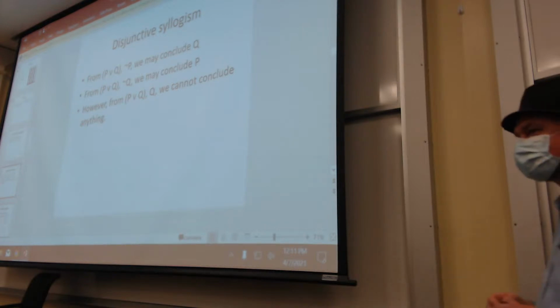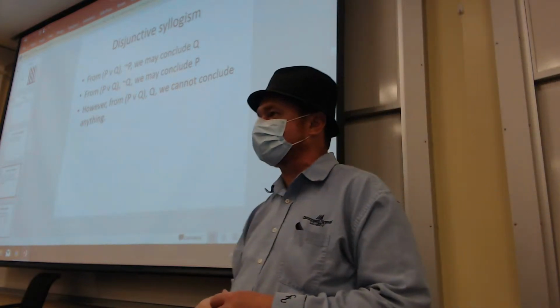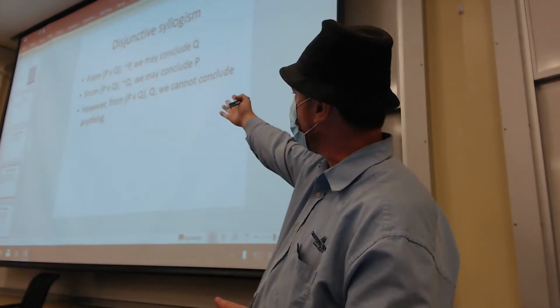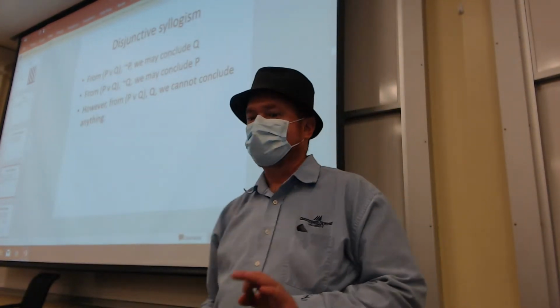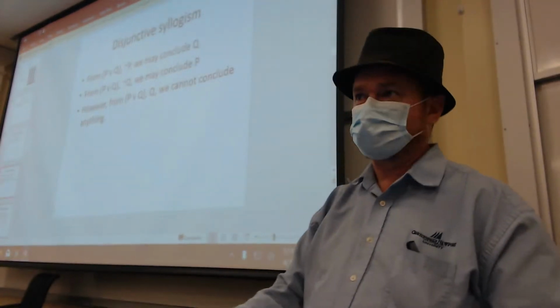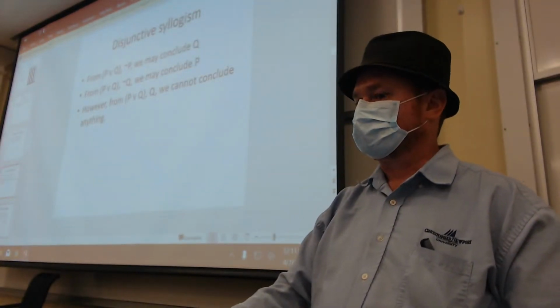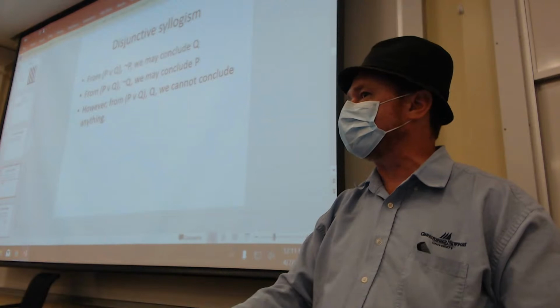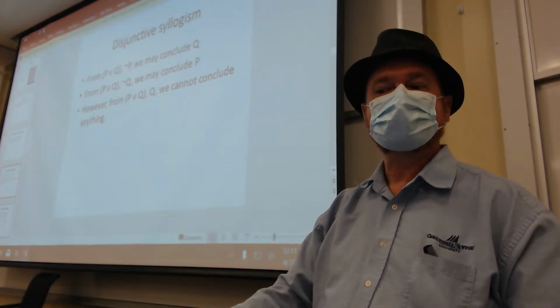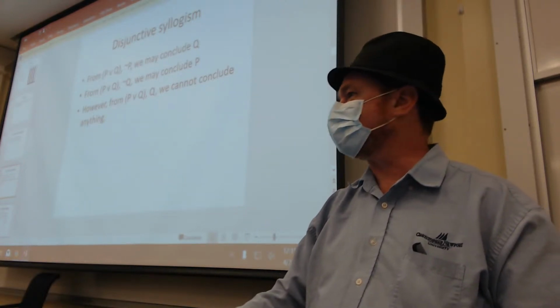The first statement says either A is true or B is true, or either P is true or Q is true. We're going to negate one of the halves. And then you can infer out the remaining half. And it works with either side.